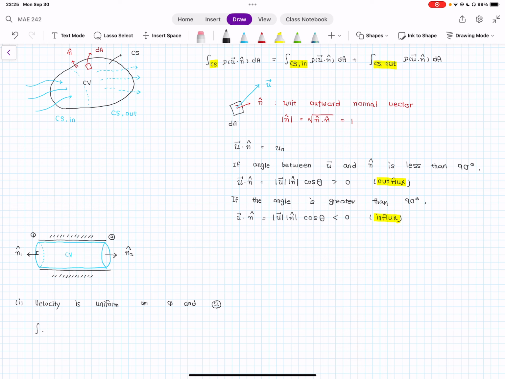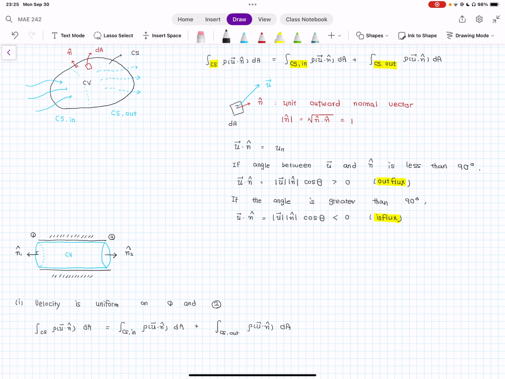In this case, the surface mass flow rate or surface mass flux is the integral over cs in of rho u dot n dA, plus the integral over cs out of rho u dot n dA.